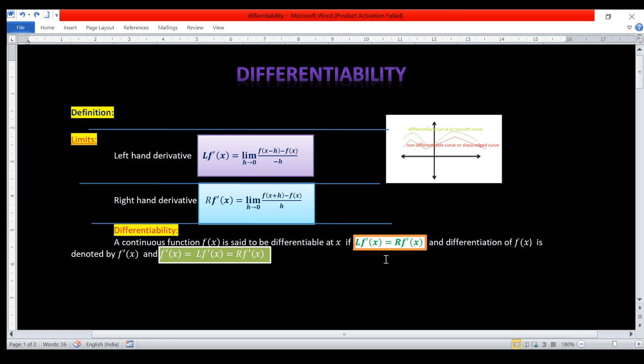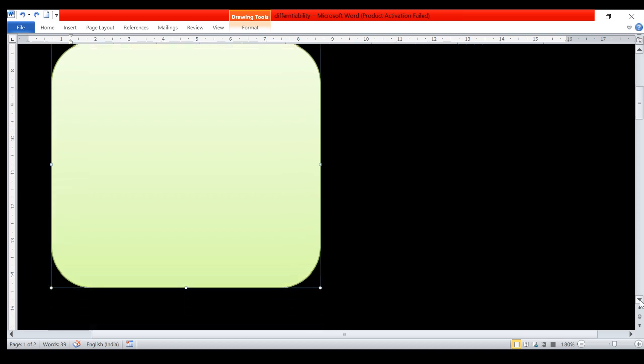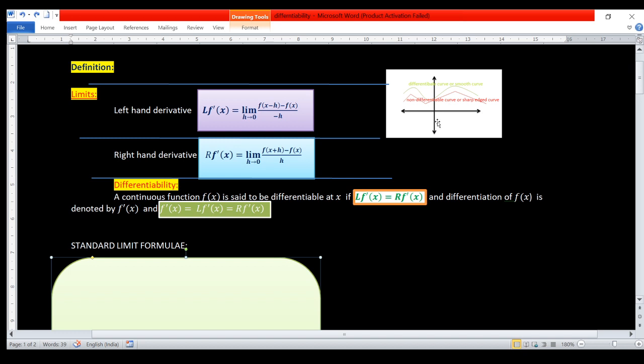So, standard limits. Why do we want standard limits now? L f dash of x and R f dash of x depend on limits. That's why we need standard limits.